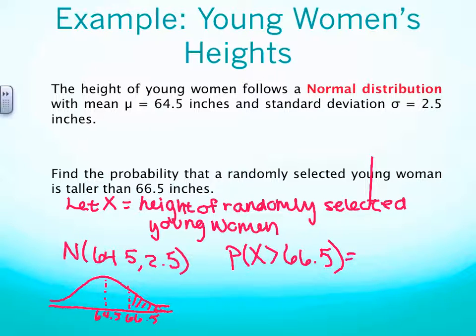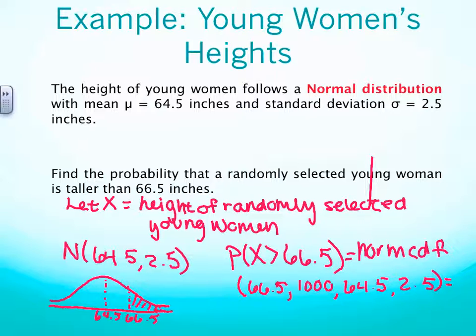Because we know it's a normal distribution, we can use normalcdf, with your lower boundary 66.5, your upper boundary 1,000, your mean of 64.5, and your standard deviation 2.5.